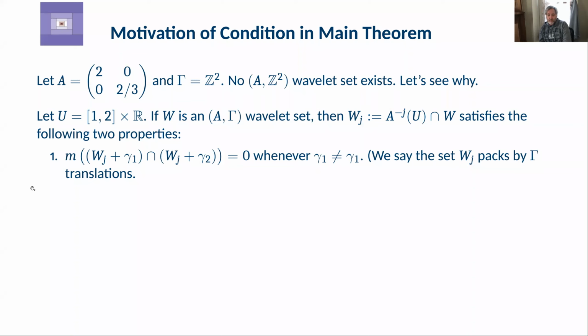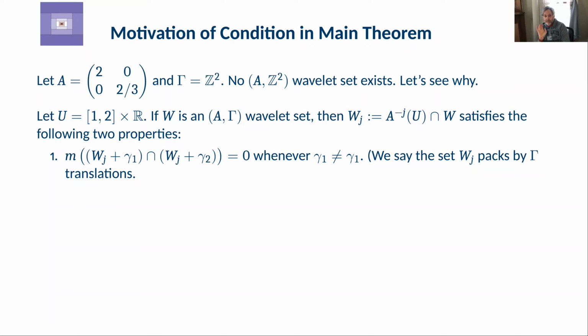So if I take a pretend wavelet set W, which we know doesn't exist, and we intersect it with these A to the j U's, then that has to satisfy two properties. It has to satisfy more than two properties, but it has to satisfy these two. If I translate those intersections with powers of A to the j U, then the translations have to be disjoint.